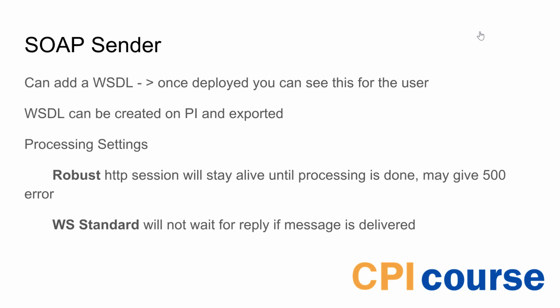Or the VS standard approach is if you just want to use this as fire and forget or async messaging, you'll use that one and say, okay, deliver it. And once the PI or the CPI has received it, it will process the message and ensure that it's being delivered correctly to the recipient. So these are the two main concepts.